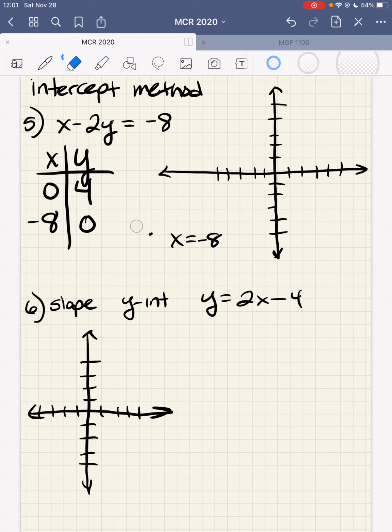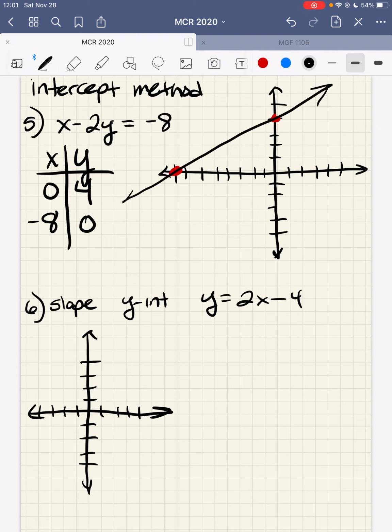I don't need a third point because they asked me to only use intercepts. So I have 0, 4. Make sure you're going the right direction. And I have negative 8, 0. Now I have my line going up from left to right.